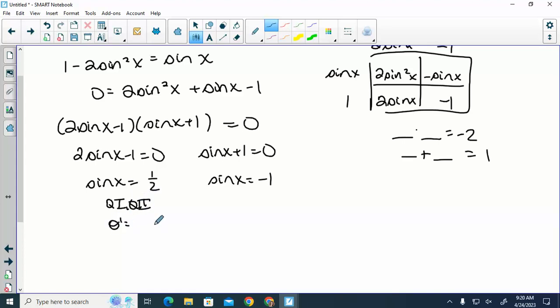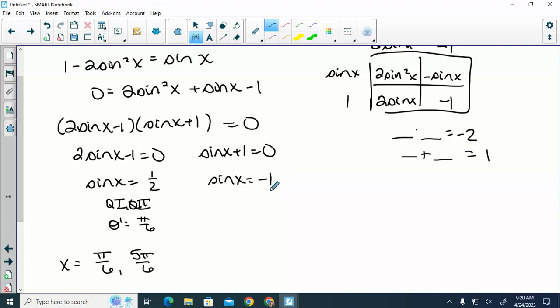Reference angle. When does sine equal 1/2? We are in radians now. So our angle is x. Pi over 6 in quadrant 1 is pi over 6. In quadrant 2, that would be 5 pi over 6.